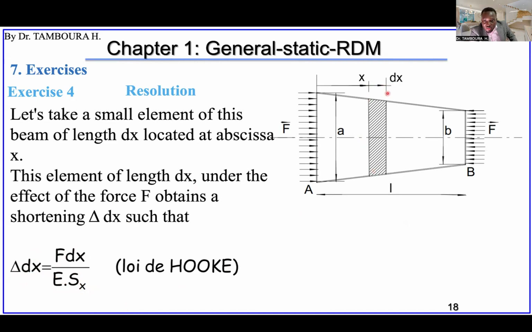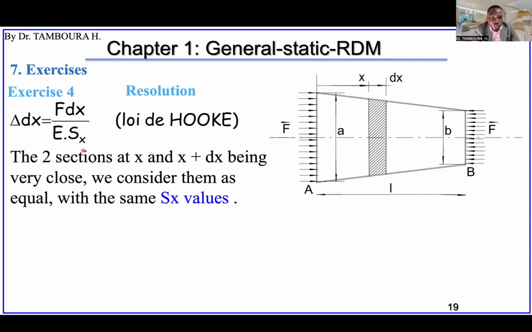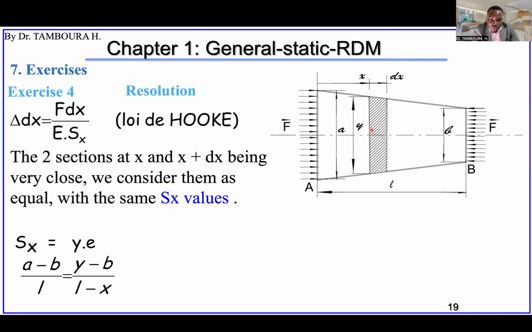These two sections can be considered the same. I keep this formula here. The two sections at position x and at x plus dx can be considered the same since they are very close.